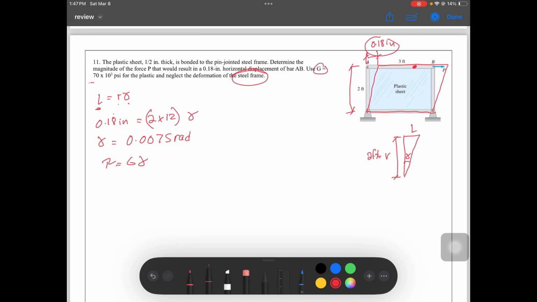Do we have gamma? We already got it. So we can get the shearing stress: 70 times 10 to the 3 PSI, and our gamma is 0.0075 radian.